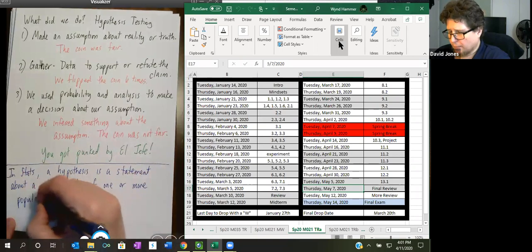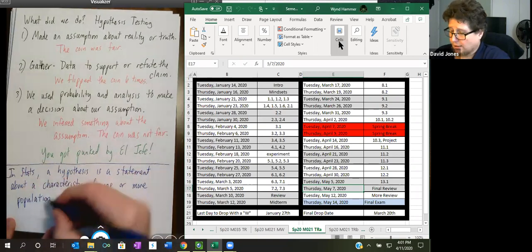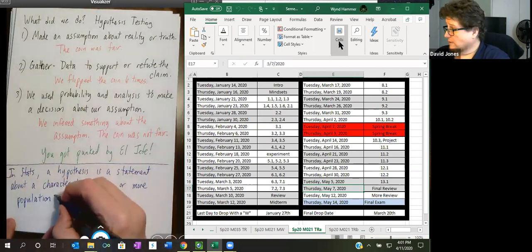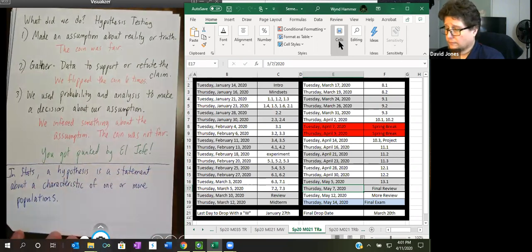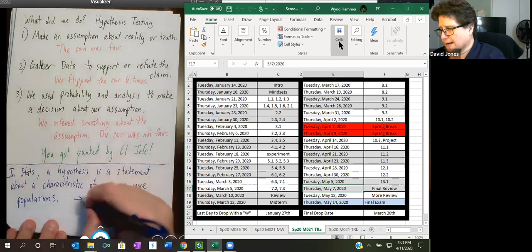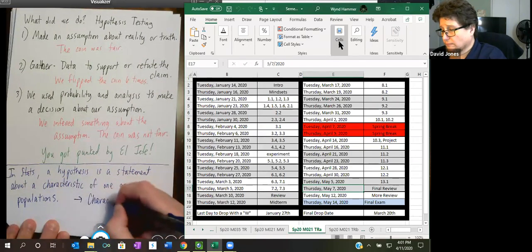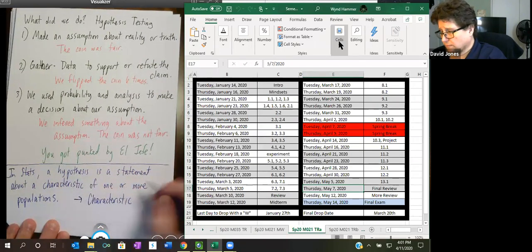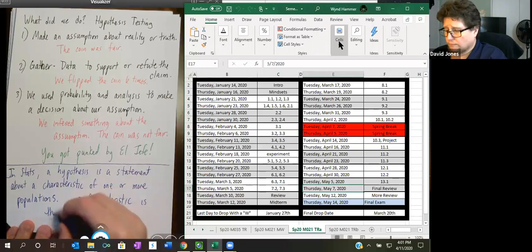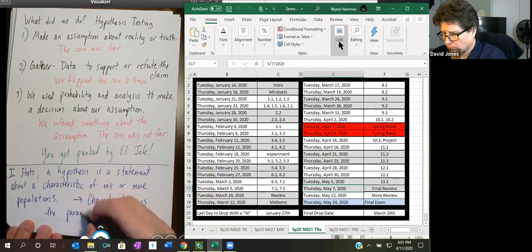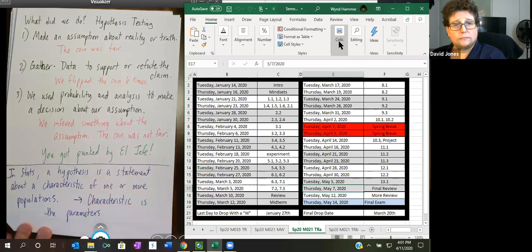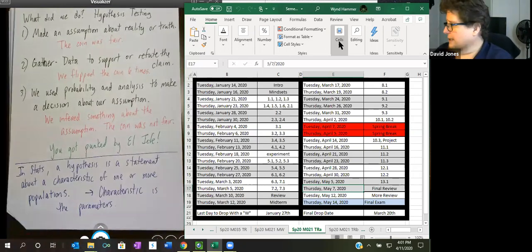In this example, the population was a single coin or set of flips. And that characteristic is usually the parameters. So I'll pause and I'll let you write that down.